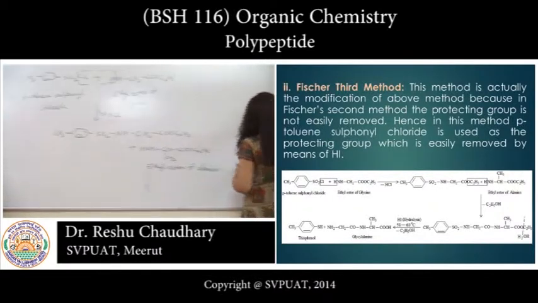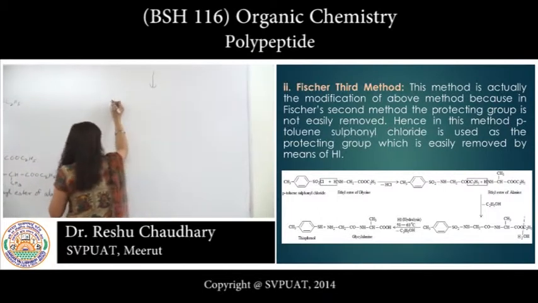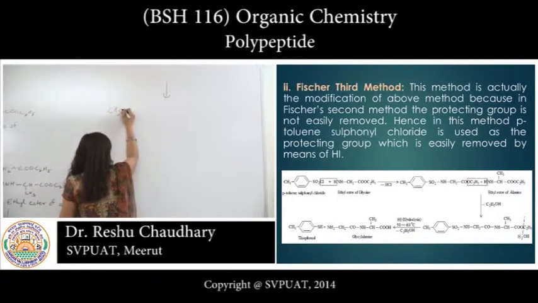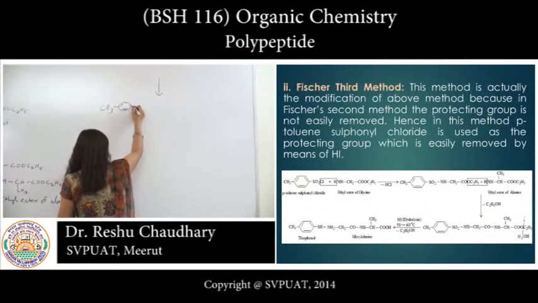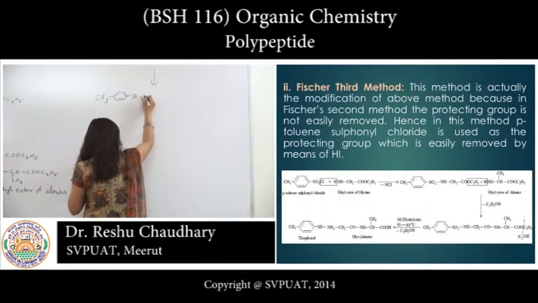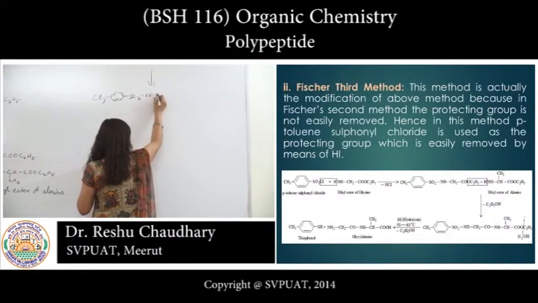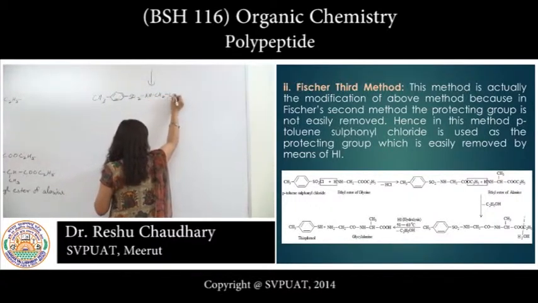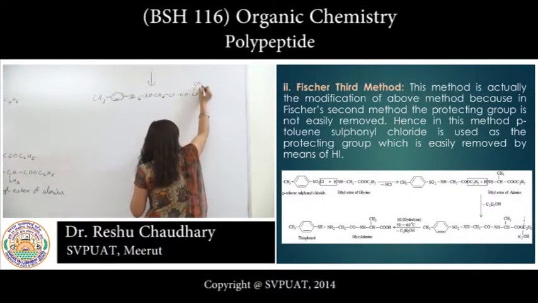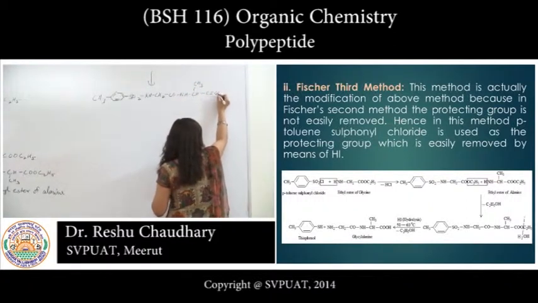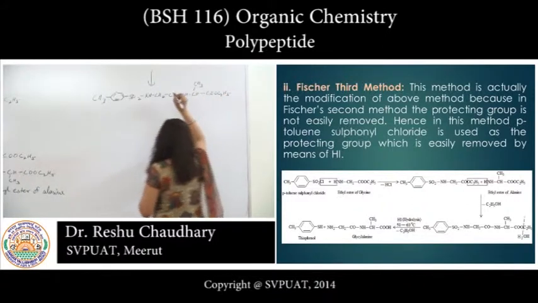Now the reaction is continued here. CH3 benzene ring, that means this is a para-toluene. SO2 NH CH2 CO NH CH CH3 COO C2H5.